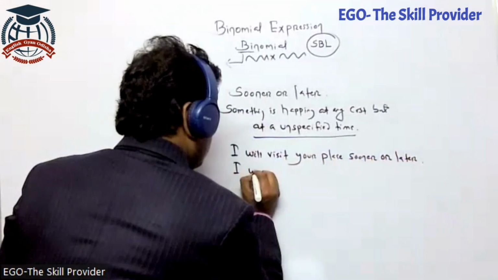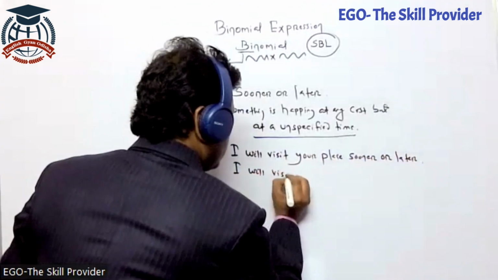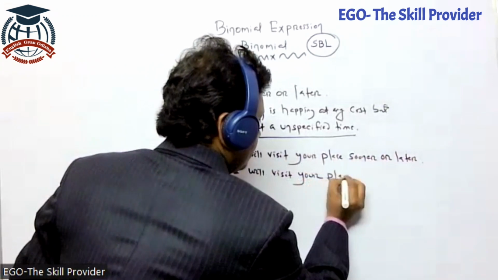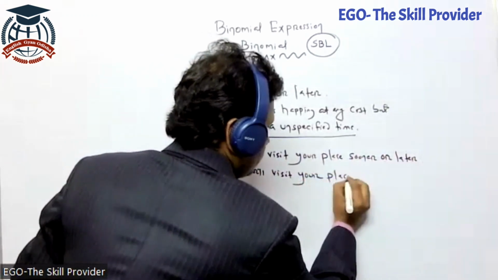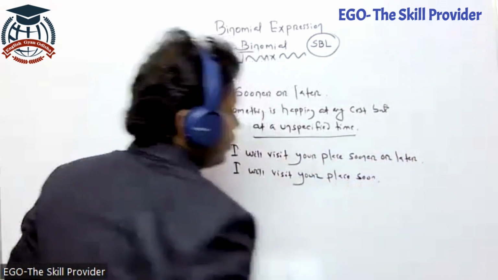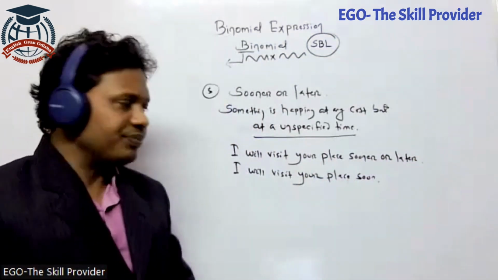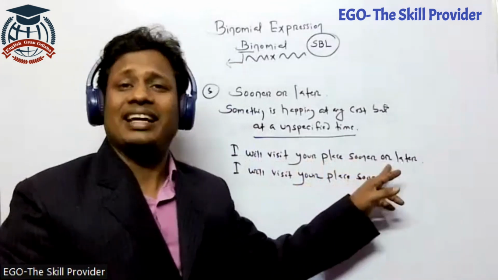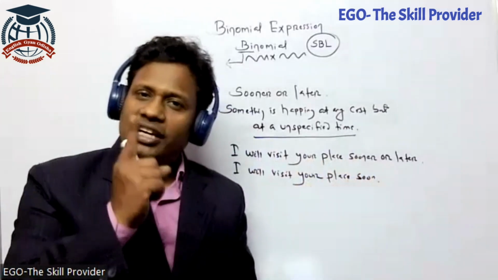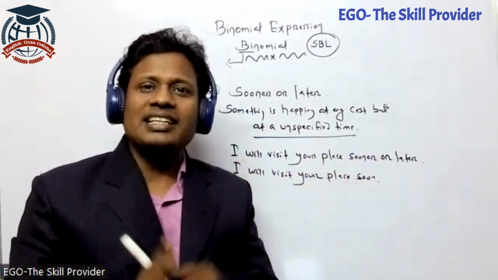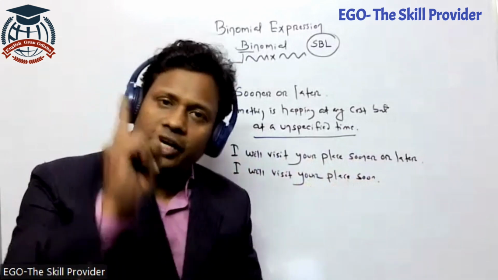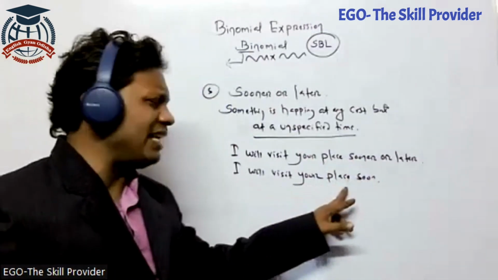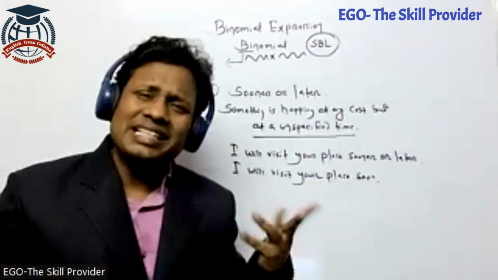I will visit your place soon. So do you know the difference, my friend? Whenever I say I will visit your place sooner or later, one thing is very evident, that you are 100% visiting that place. But whenever I say I will visit your place soon, you may change the plan.